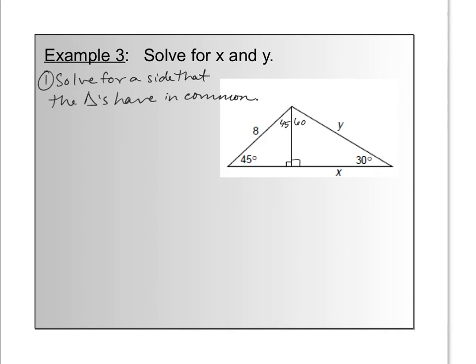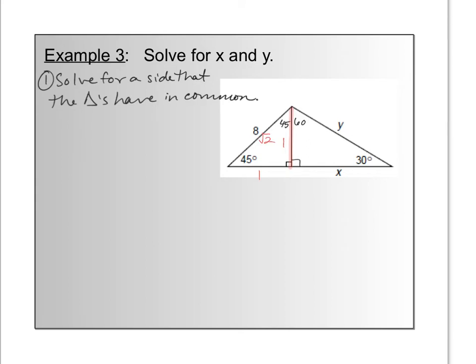So in this case, I think we're going to start by trying to solve for this side right here. I kind of highlighted it in red. So we're going to have to work with the 8. And the 8 is on a 45, 45, 90 triangle. And so remember from yesterday, a 45, 45, 90 has a ratio of 1 to 1 to root 2.